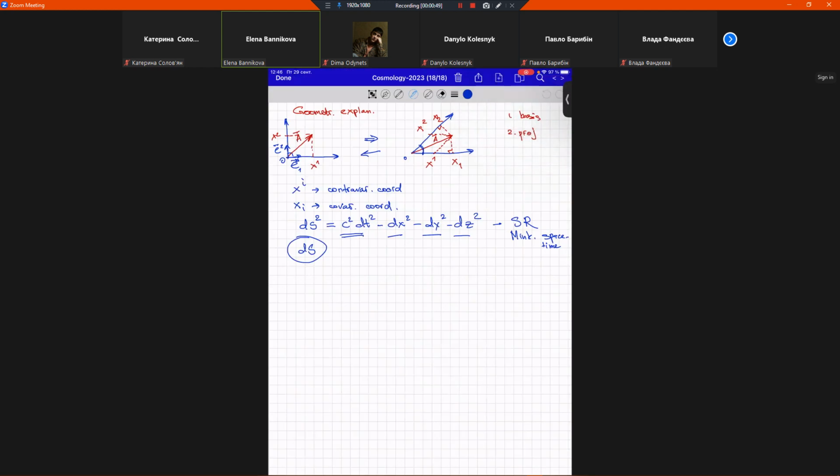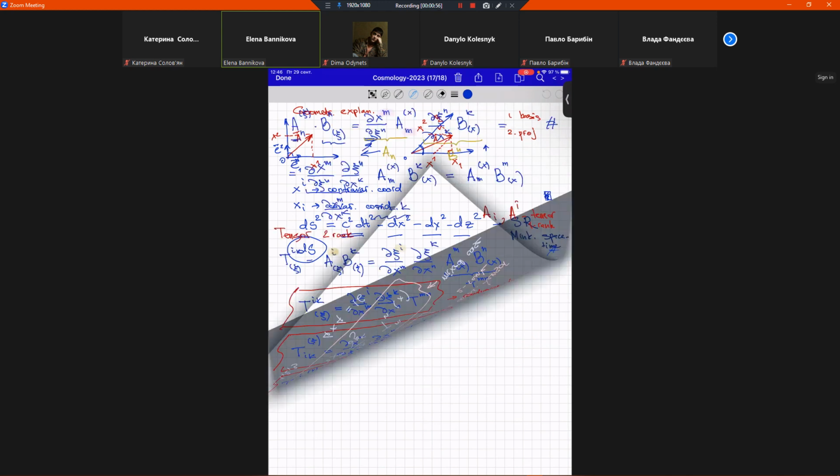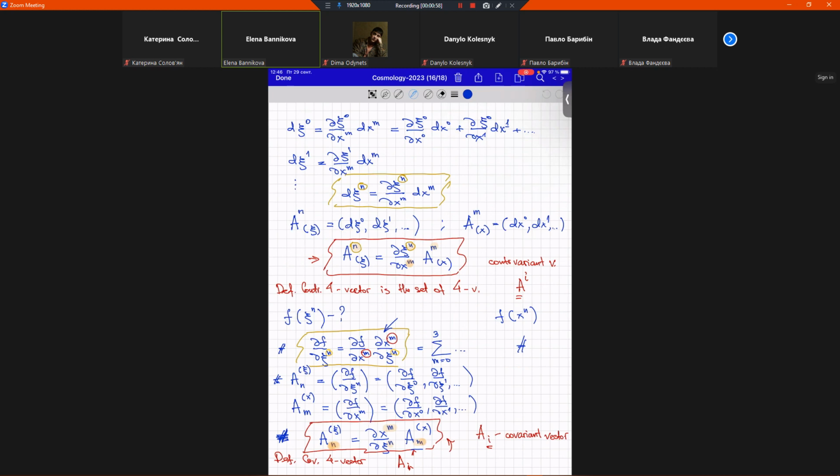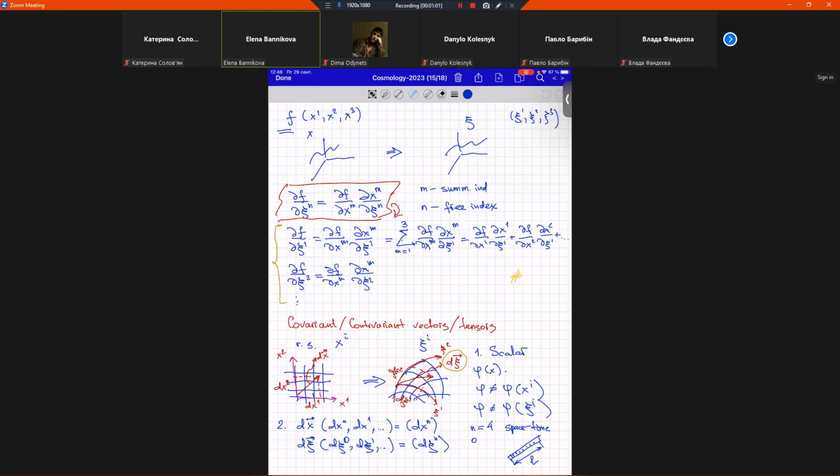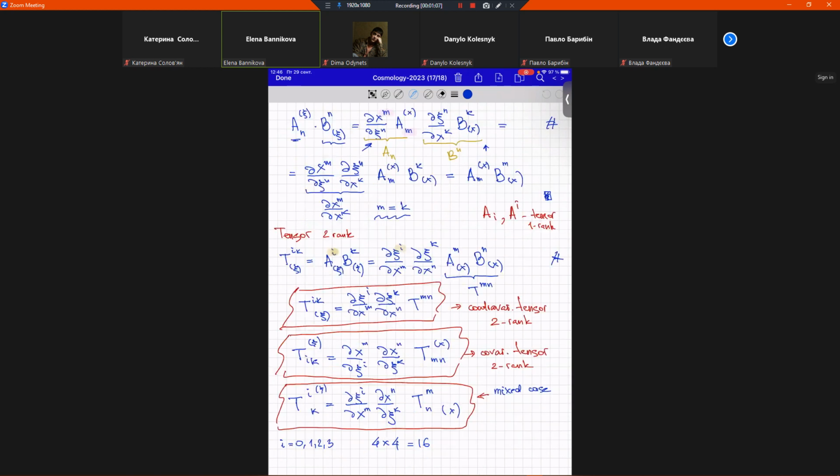Okay, in the previous lecture we finished on what we did. I will remind. We considered covariant and contravariant vectors and tensors. We wrote the expressions for how they can be transformed from one reference system to another reference system.